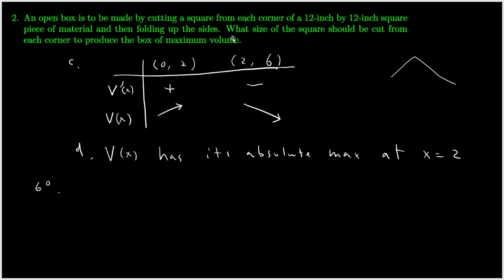In step 6, we answer the question in words. To answer the question, you look at the question. We're looking for what size of the corner squares should be cut so that the resulting box has the largest volume. You just answer the question. Corner squares of size, so maybe 2 by 2 square inches.